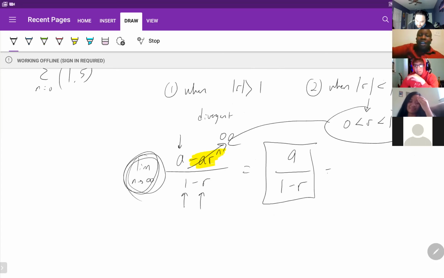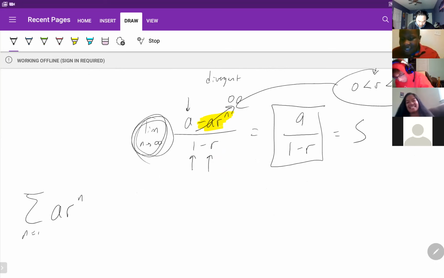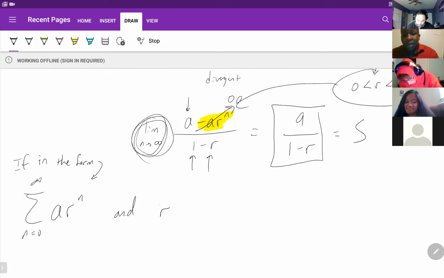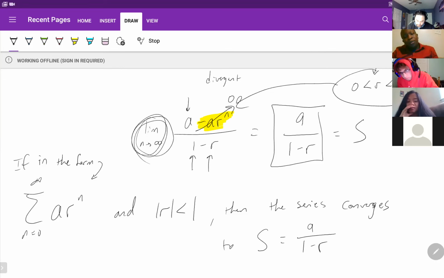Okay, so let me just summarize here. If you have a geometric series in this form, and the absolute value of R is less than 1, meaning you're only dealing with values between 0 and 1, not including 0 and 1, then the series converges to a over 1 minus r.